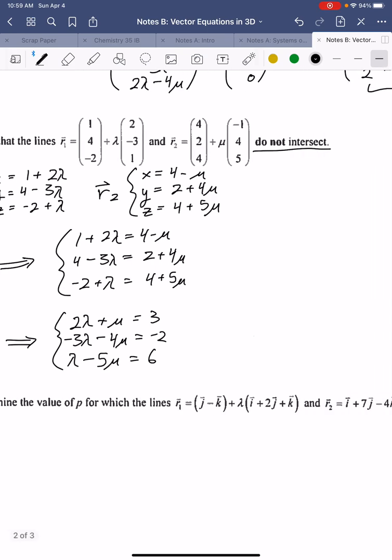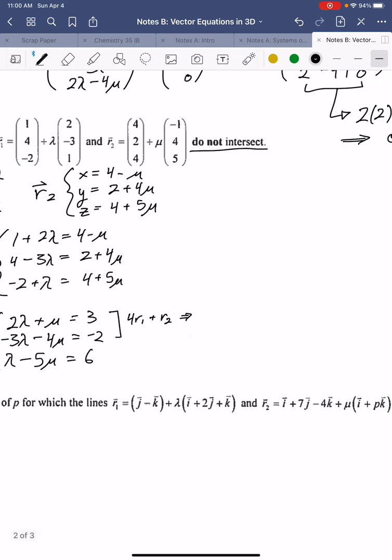Okay. So we're going to solve the top two, and then plug it into the bottom to see if it works. We could use substitution here, but actually we can really just use elimination. If we do 4R1 plus R2, that gives us this.